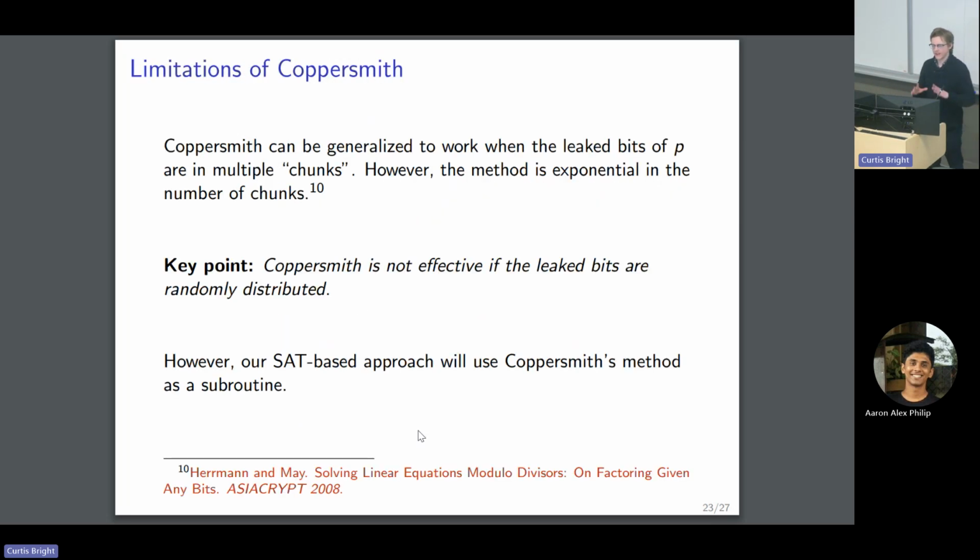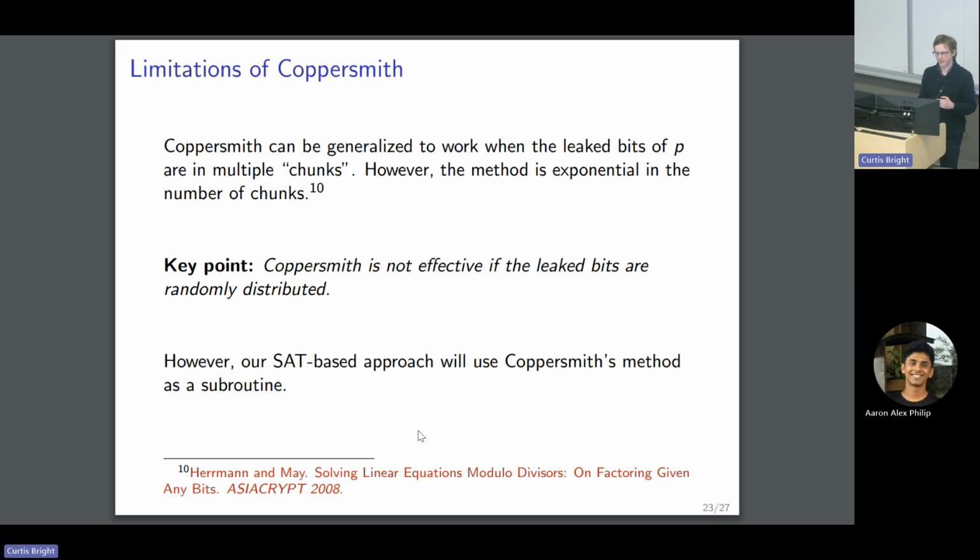Okay, so it looks promising, but the problem is, remember, the case we wanted to solve was where the known bits were in random positions. They weren't a single large chunk like the 50% high bits. They were random: maybe we know 50% of the bits, but they're randomly distributed among the primes. So Coppersmith doesn't apply in that case.